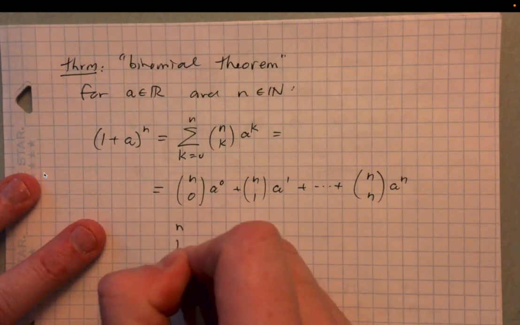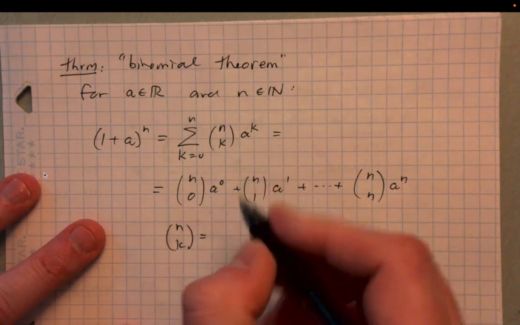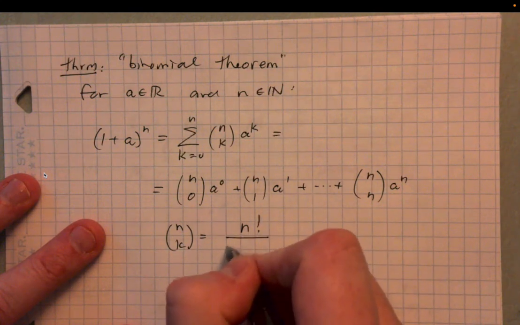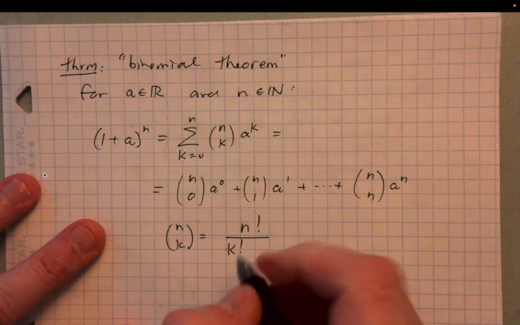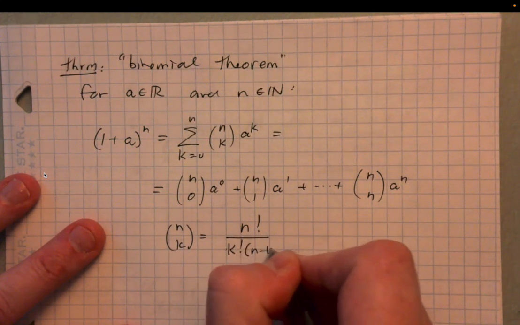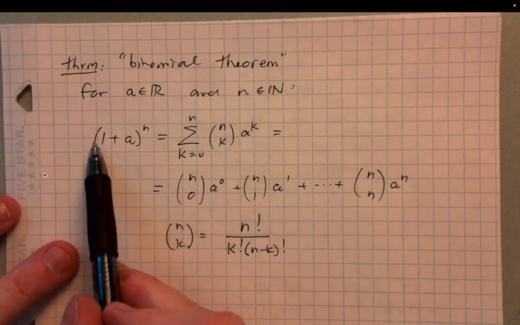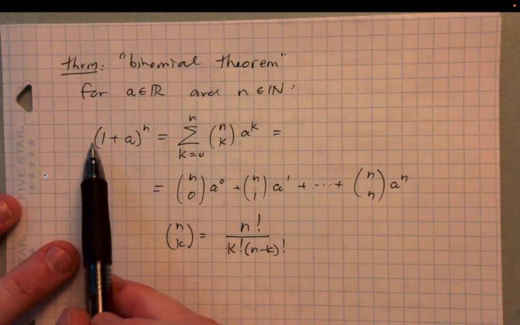So n choose k, remember, is equal to n factorial divided by k factorial times n minus k factorial. Okay, so this is the binomial theorem, and it gives you a way to express this expansion in general.